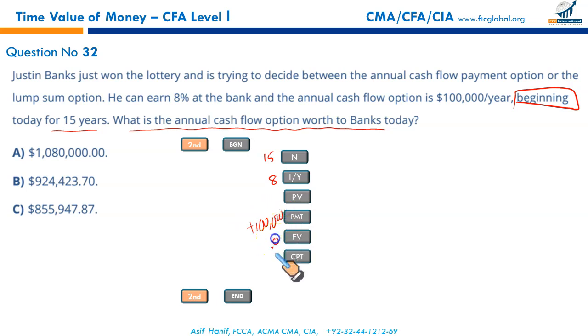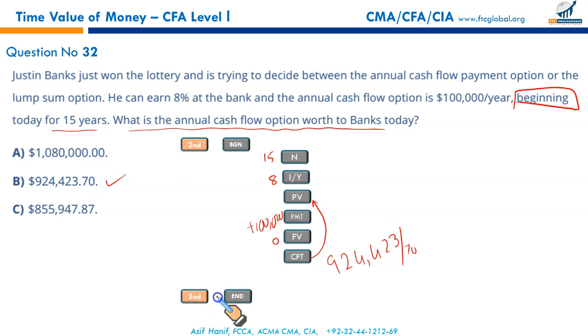We don't need the future value. You just first need to set your calculator in the beginning mode, enter these numbers, simply press CPT PV, and you should get your result. And that should be, I'm sure you people are doing it, 924,423.70.